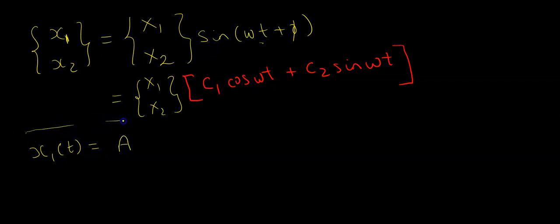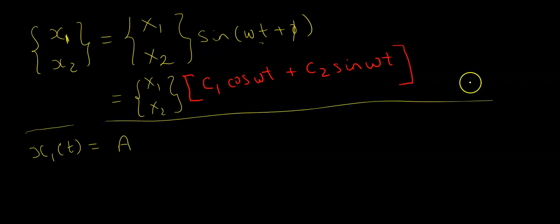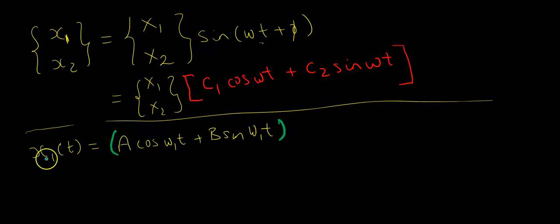So x1, the displacement of mass 1, is going to be equal to A cos omega 1 t plus B sine omega 1 t. And what I have in brackets in blue here is how x1(t) oscillates with just the omega 1 frequency, or the first mode of vibration.